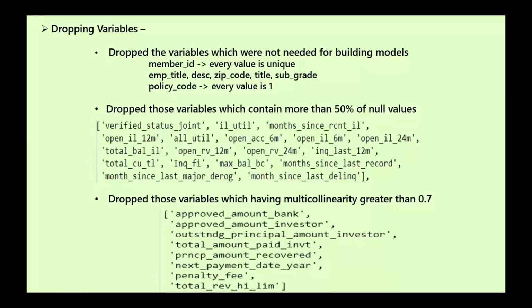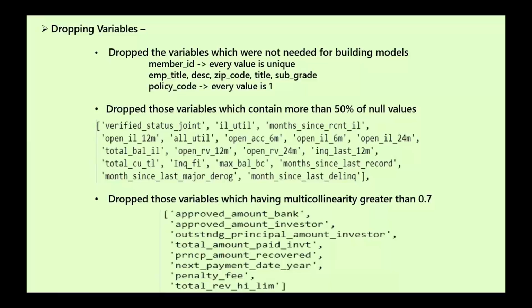The second category contains those variables which have more than 50% null values, like verified status joined, IL util, month since recent IL, open IL 12 months, and so on. Now the third category is where the variables are highly multi-correlated with each other.